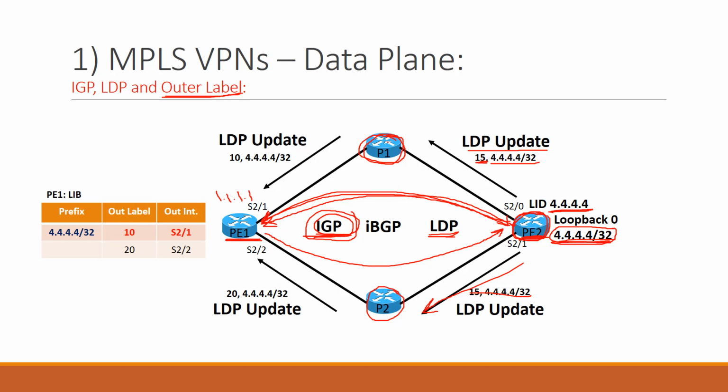Because B1 and B2 have no awareness of MPLS VPN, but they are aware of MPLS normally, they will check only the outer label, with the flag set to 0. So when B1 and B2 receive a labeled packet, they will check only the outer label.